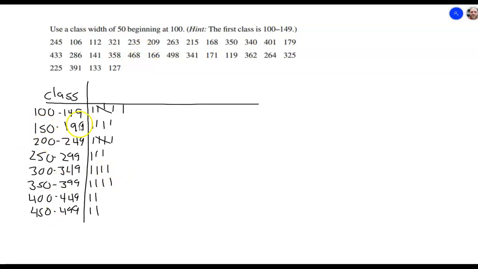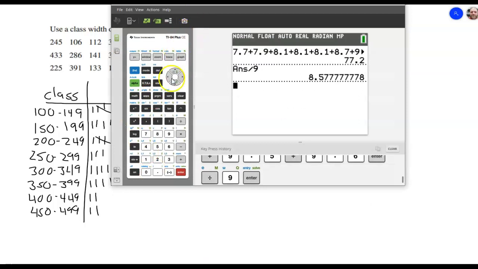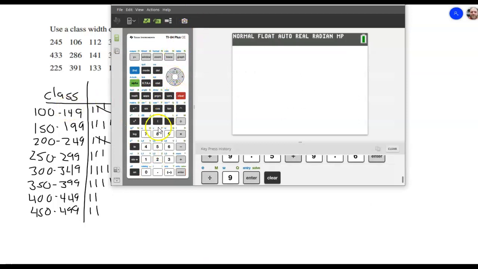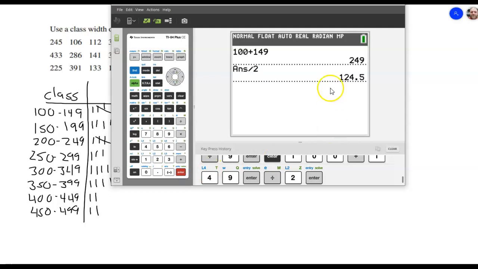But if I only had this table here, the first thing we're going to do is find the midpoint of all of these classes. That's the mean of the class. For example, for the first one here, that is 100 plus 149, divided by 2, and it's 124.5.